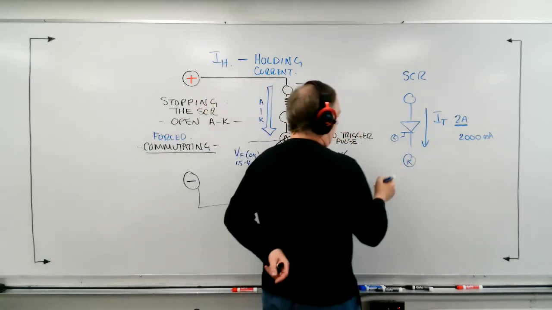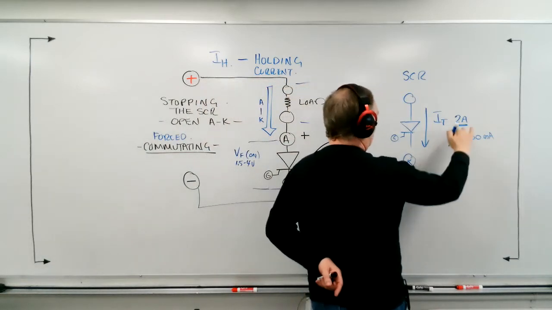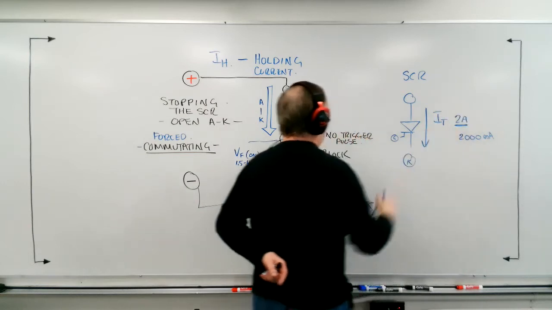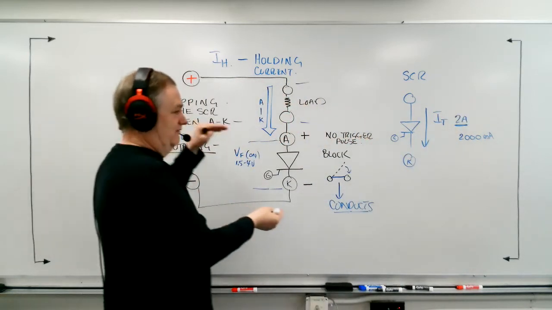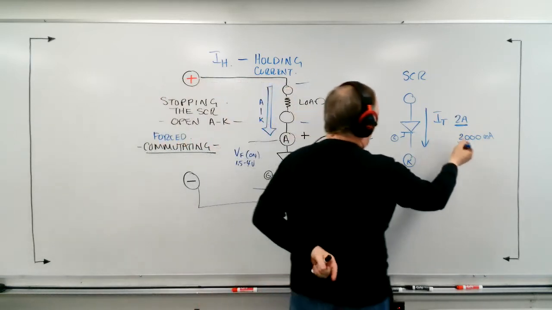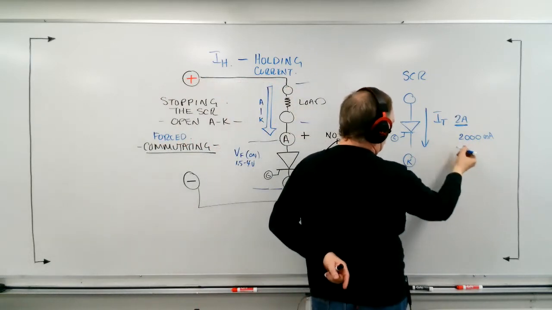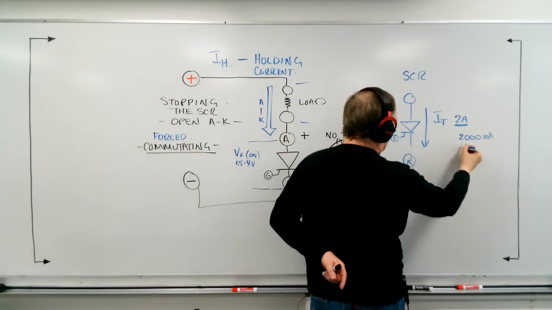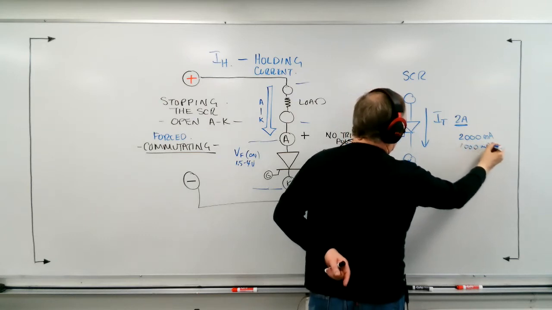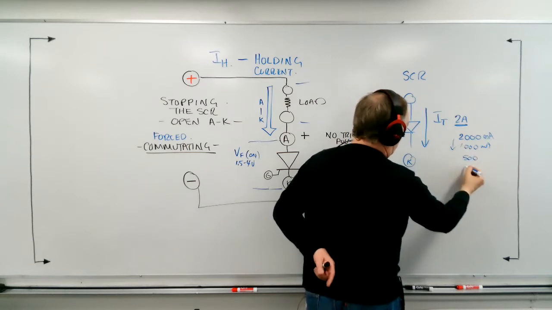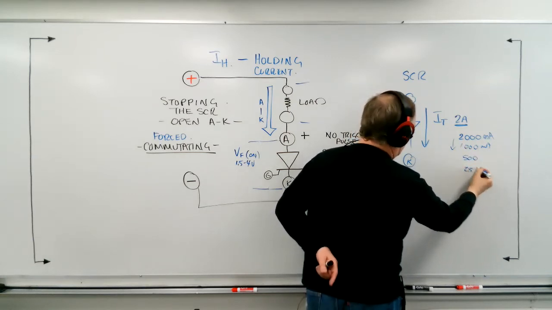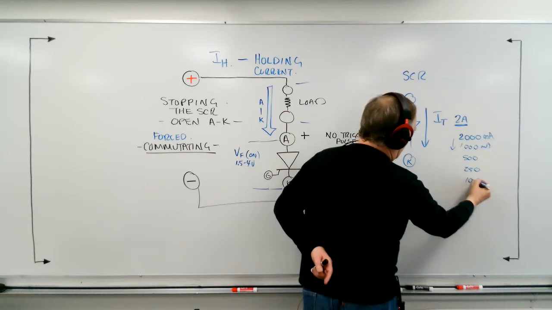What happens is, if I start to slowly reduce this current, and one way that we could do that would be if we could vary the voltage of the source down, this current would get lower and lower. It'd go from 2,000 milliamps, finally down to 1,000 milliamps, then down to 500, probably 250, then maybe down to 100.